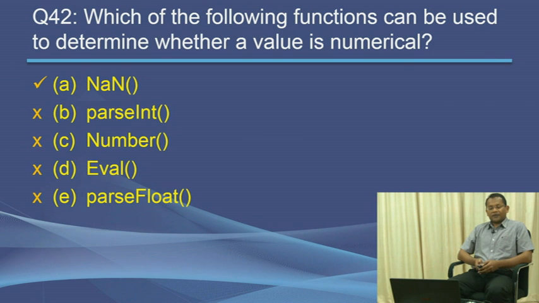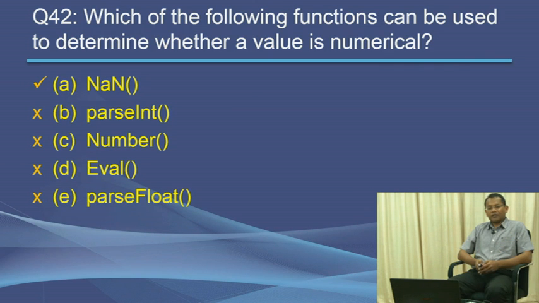So for example, isNaN, or not a number, can be easily used because it will give a response back as true or false. So if isNaN is true, then the value you have given into the function is actually not a number but a string value or something like that. But if it's false, that means isNaN is saying that it is actually a number, because isNaN checks the negative of whether it is a number or not.